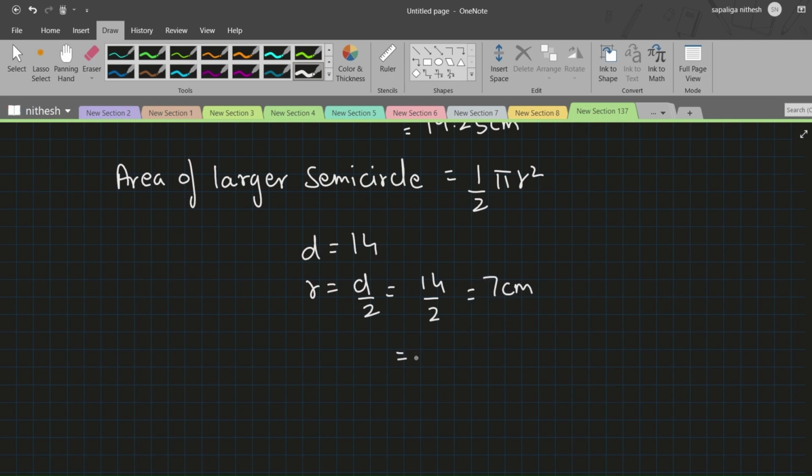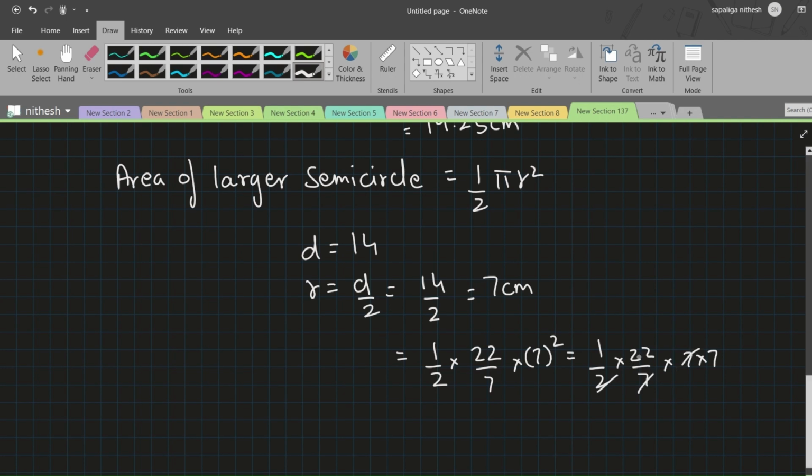Now we substitute the values: pi as 22 by 7 and 7 the whole square. So half, 22 by 7. We'll expand 7 over here. 7 and 7 get cancelled. This will give us 11. So we are left with 11 into 7, which is nothing but 77 centimeter square.